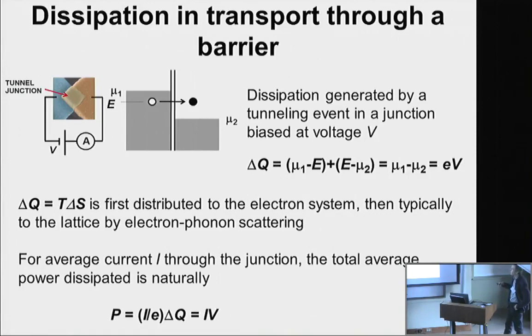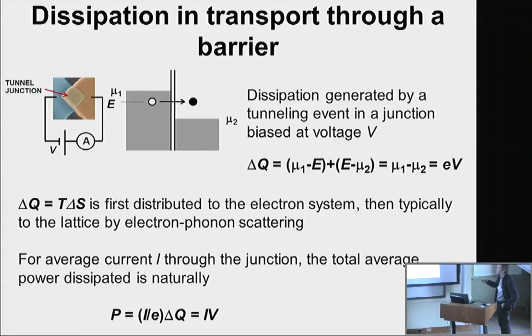So when a carrier is transported through such a barrier, it leaves behind an excitation, and also it creates an excitation in the target electrode. And if you then just simply add up the two energies that are created in this process, you find out that the energy that you dissipate is always equal to the chemical potential difference across this barrier.